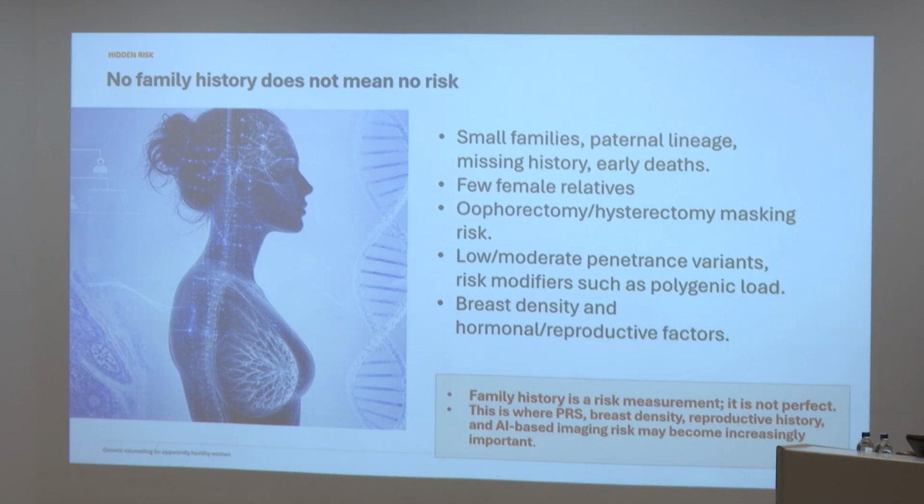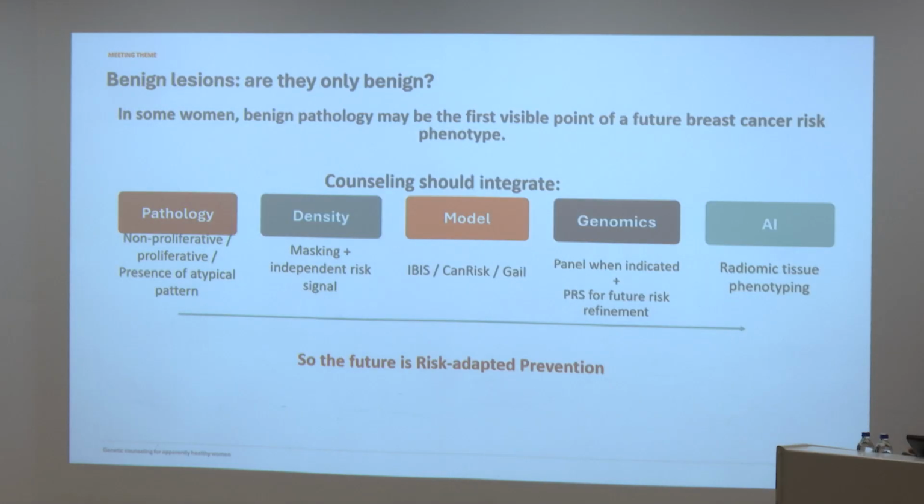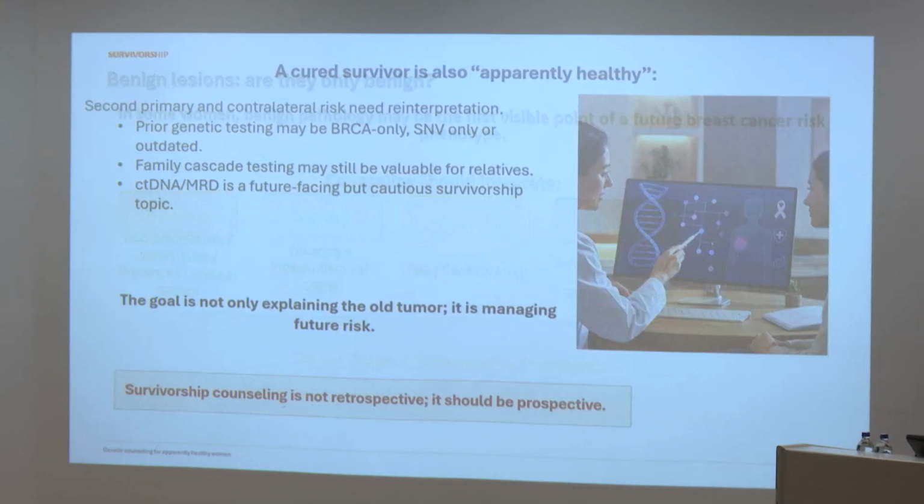So when PRS and the other methodologies are combined, it may become an important part of the practice. Coming to the benign lesions, we saw that they are not only benign. In some women, benign pathology may be the first visible point of a future breast cancer risk phenotype. So we should integrate all these models when interpreting the healthy woman with benign lesions.